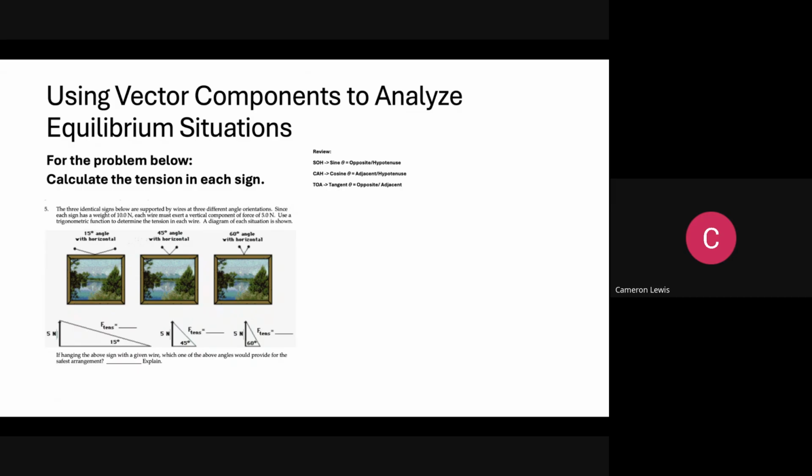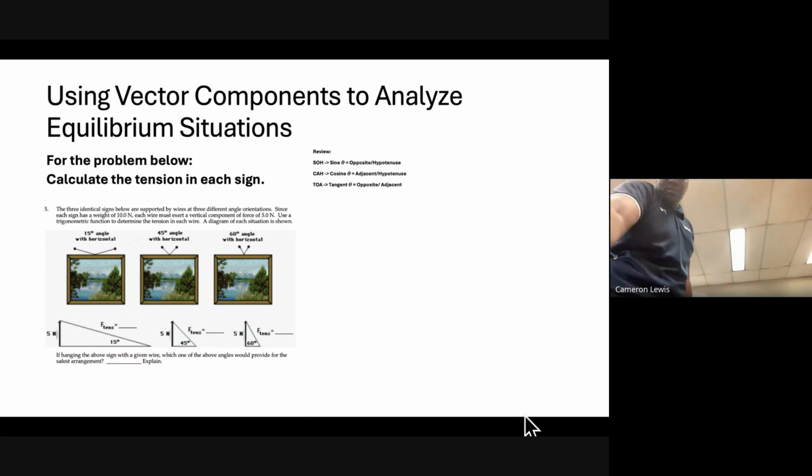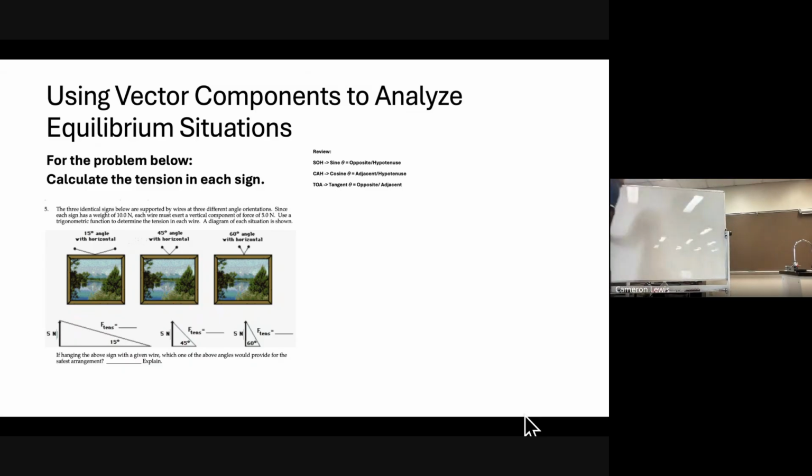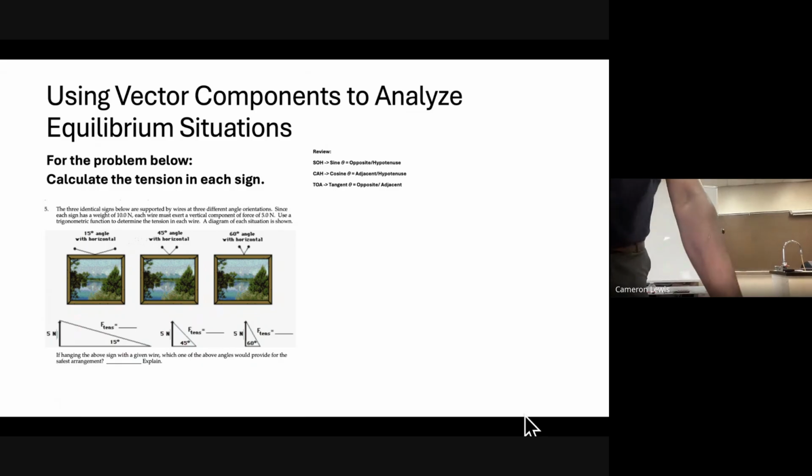Tell me if you can see the board. Hold on. Can we see the board? Yes.